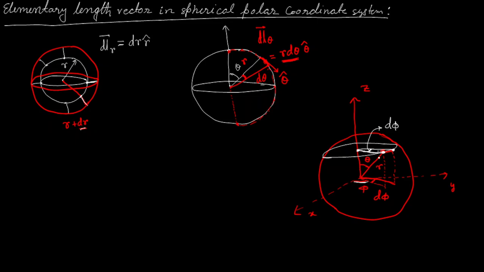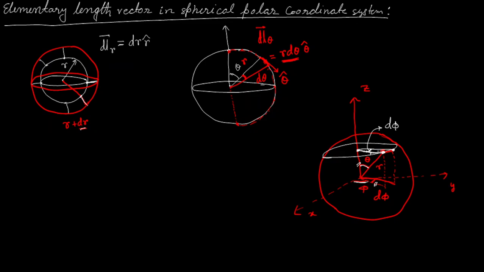From this figure you can see, from this point we have drawn a perpendicular on the z-axis. If this angle is theta, then the projection on the z-axis will be r cos theta. So what will be this length? This will be the projection length, r sin theta. So the circle we have drawn here has radius r sin theta.